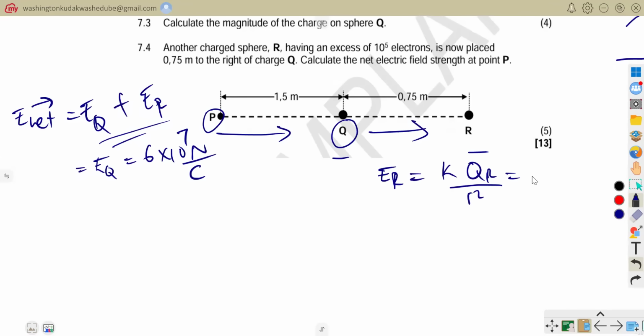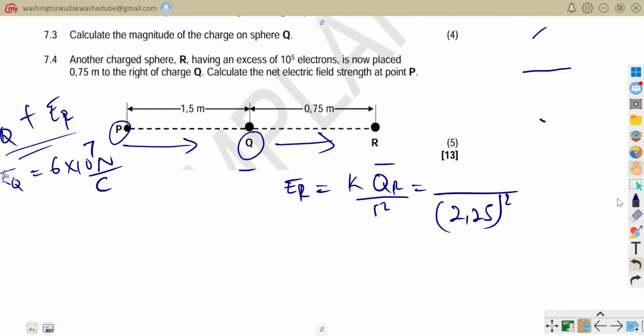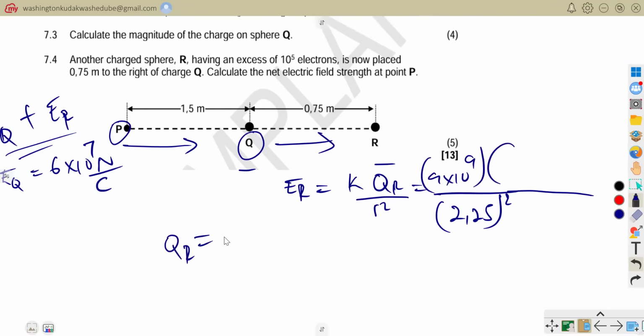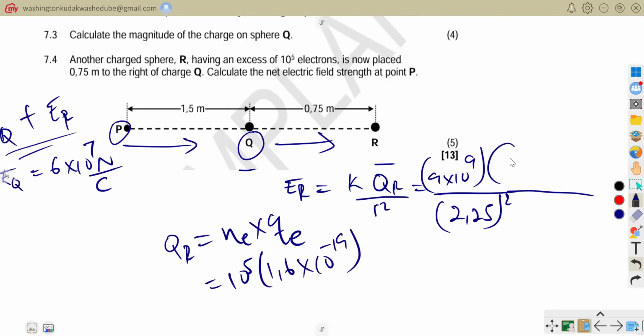And then here I would have my K, 9 times 10 to the power 9, multiplying the charge on R. For the charge on R, I have the number of excess electrons, which I multiply by the charge of an electron. So this will be 10 to the power 5 times 1.6 times 10 to the power negative 19. That is the charge that I'm going to use there.